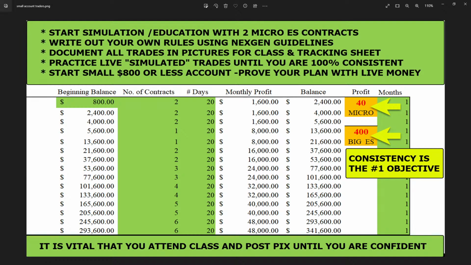So one of the most valuable resources you have at your disposal is us going through your charts, telling you what you could have done better, worse, what you did right, what you did wrong. It's literally one of the most valuable resources you're going to have. You have to trade on simulator until you prove you're 100% consistent.